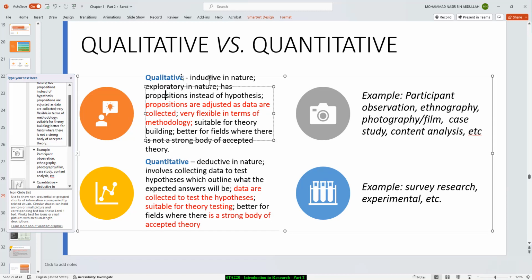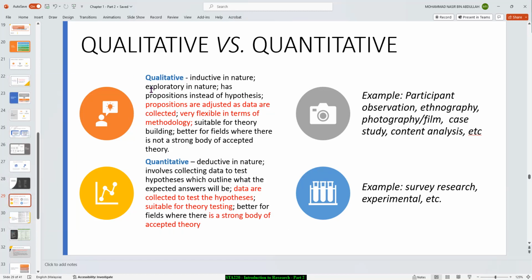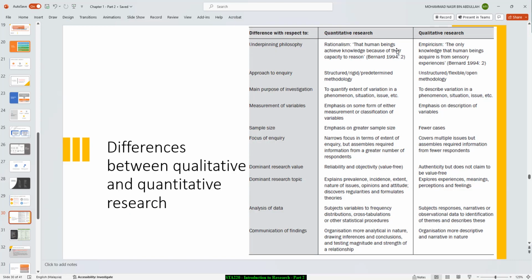Qualitative is inductive in nature, exploratory in nature, and has propositions instead of hypotheses. For example, survey research and experimental lie under quantitative. Participant observation, ethnography, photography, case study, content analysis are all under qualitative research. Okay, ini adalah difference between quantitative and qualitative research design.